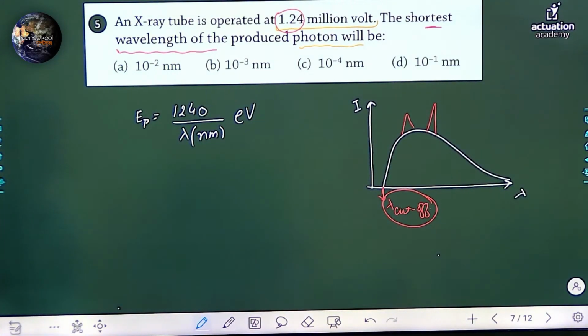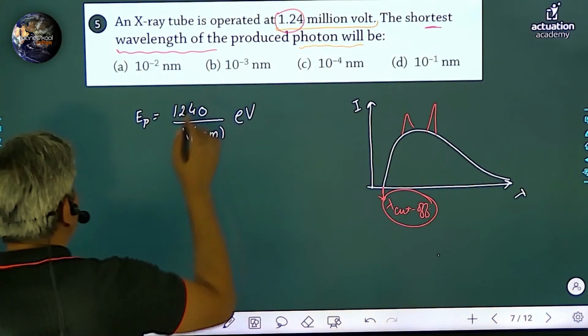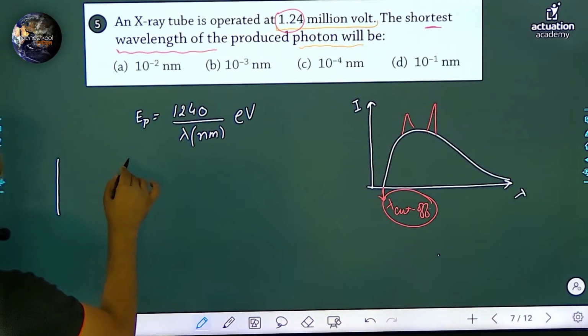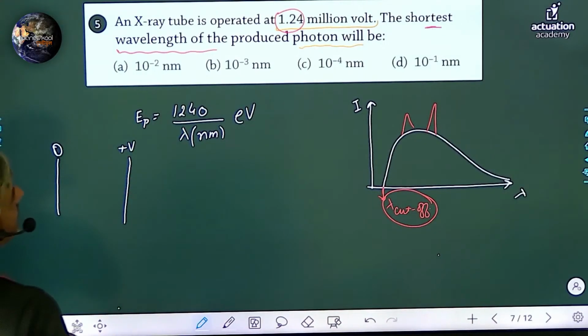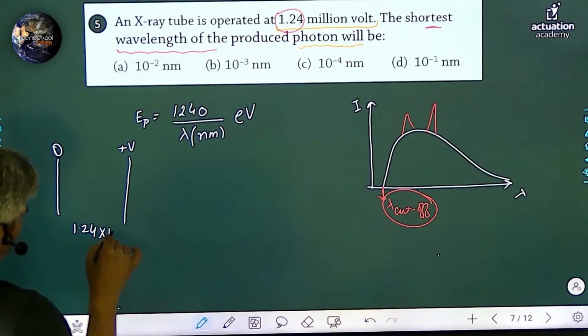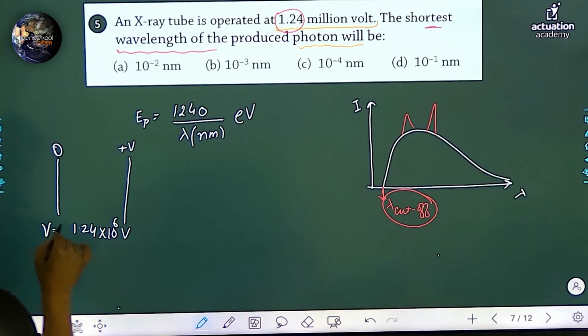Now, because the electron has been accelerated by a potential of 1.24 into 10 raised to power 6 volt, this is the potential applied, and the electron has been accelerated by this.